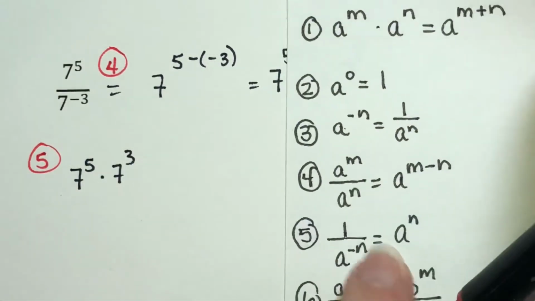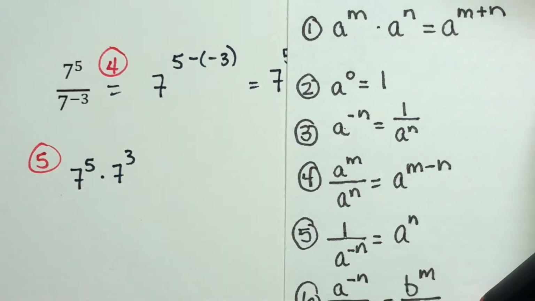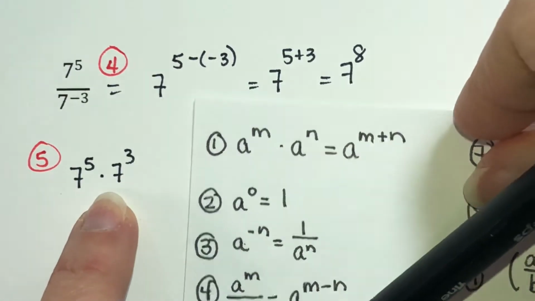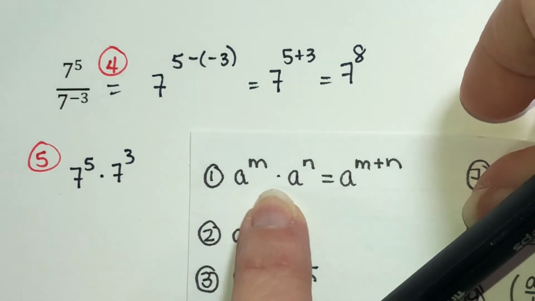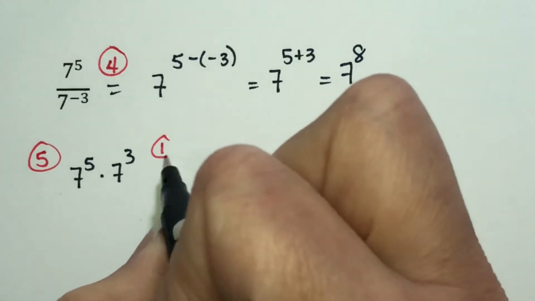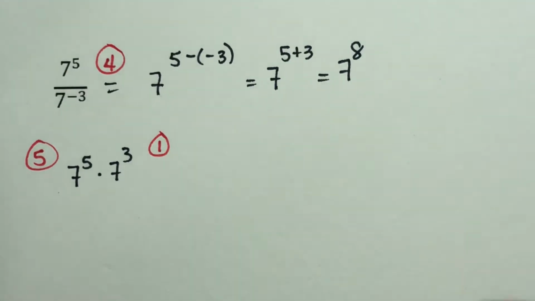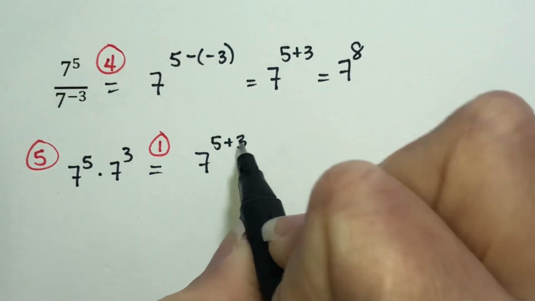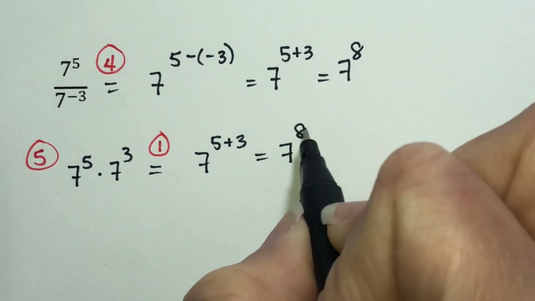If it's in the bottom and it's negative, it moves up to the top. Now we have the same base and we're multiplying them together, which means property 1 applies, which means I add those exponents. So if I apply property number 1, I get 7 to the 5 plus 3, which is 7 to the 8th power.